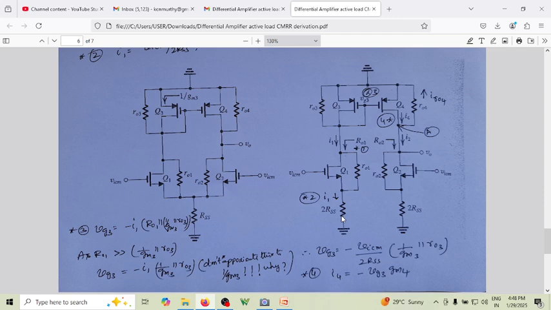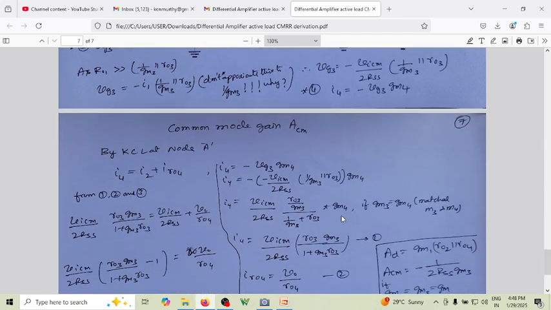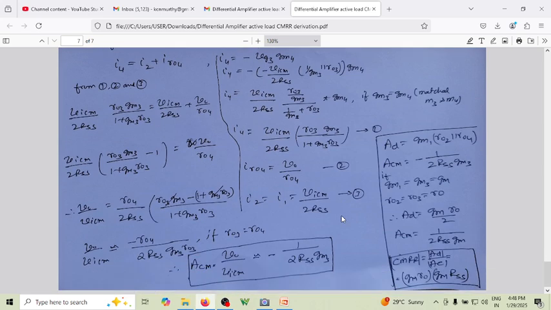When you have a look at this overall expression, this ACM comes out to be minus 1 over 2 RSS into GM3. Once you have the expression for common mode gain and also for the differential gain, we can find the CMRR.